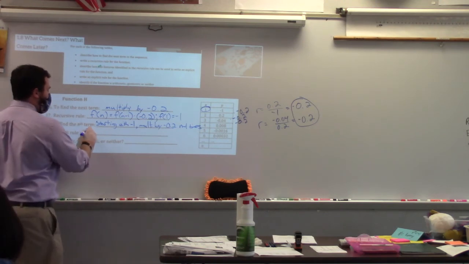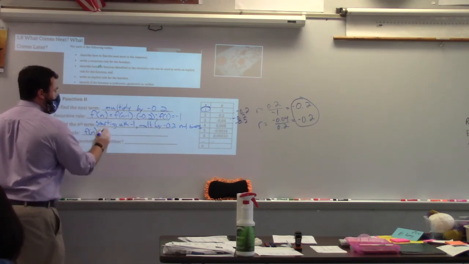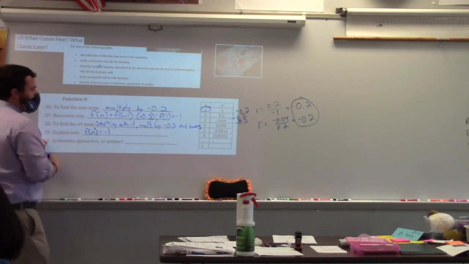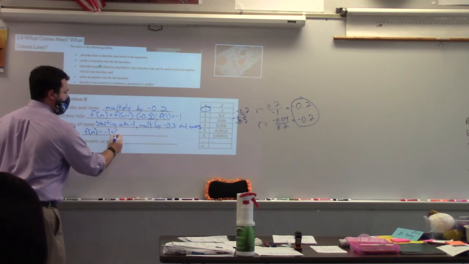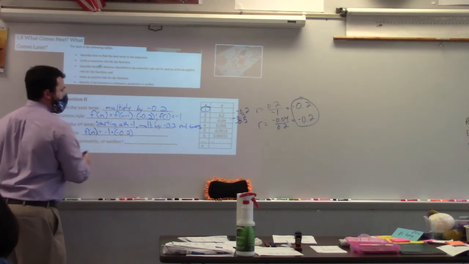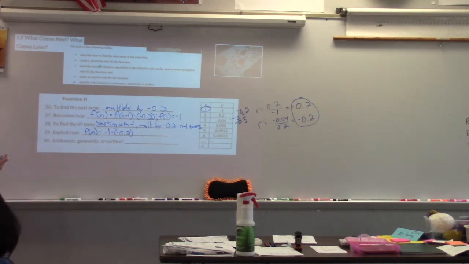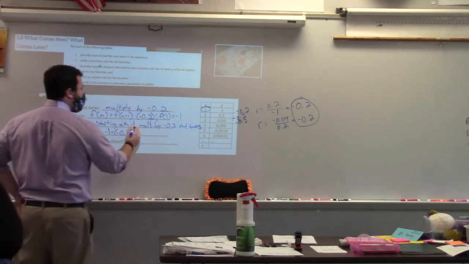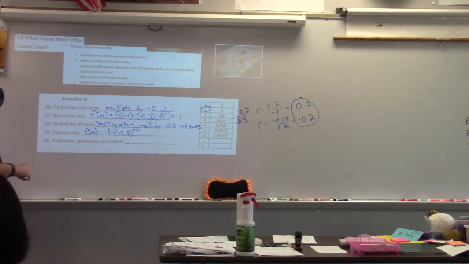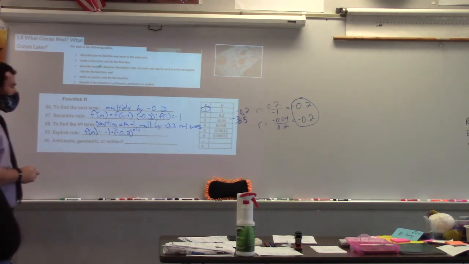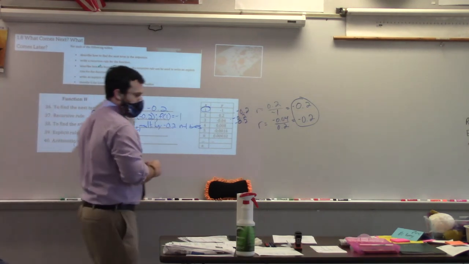So the explicit rule. I'm starting with negative 1. Then what? Multiplying? How am I going to show that repeated multiplication? With an exponent of n minus 1. If you can write out these statements, you can write these equations. And so then it's geometric.